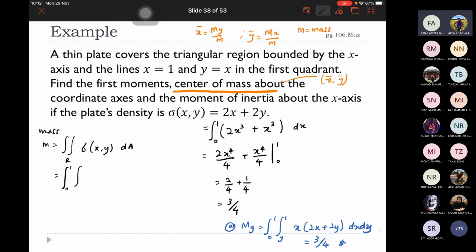So saya prefer 0 1 0 x. Integration over the density 2x plus 2y dy dx akan sama dengan integration 0 sampai 1, 2xy tambah 2y kuasa 2 per 2, 0 sampai x dx.